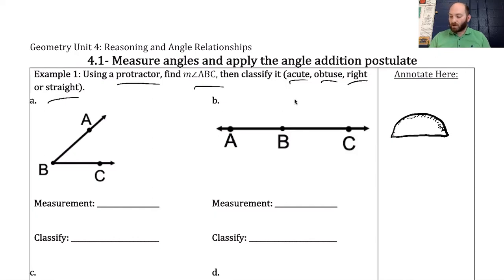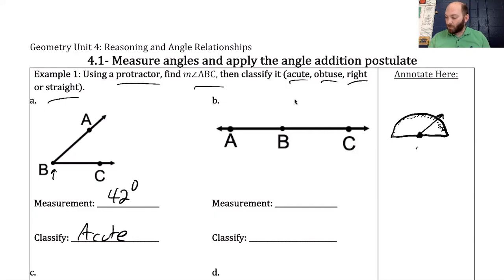So the idea is that you would line it up on the shape. For example, you would put this right here on the vertex, so that would go on point B, and then you would see where the other side goes off to. If you read the protractor, this one is roughly 42 degrees, which is classified as acute. This is less than 90.